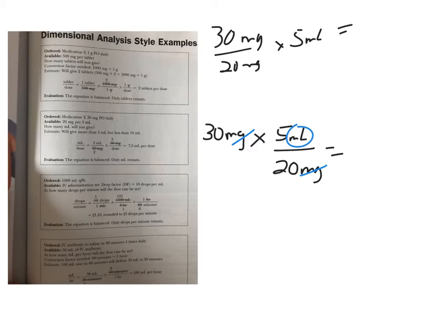So multiplying straight across would be 30 times 5, which is going to give us 150. It doesn't have to be milliliters, it's just the numbers we have on top, but my answer is going to be in milliliters since that's what I have left. But it's 150 at the top and then 1 times 20 at the bottom. So we would take 150 divided by 20, which is going to give us 7.5 milliliters. So that's how I get that answer.